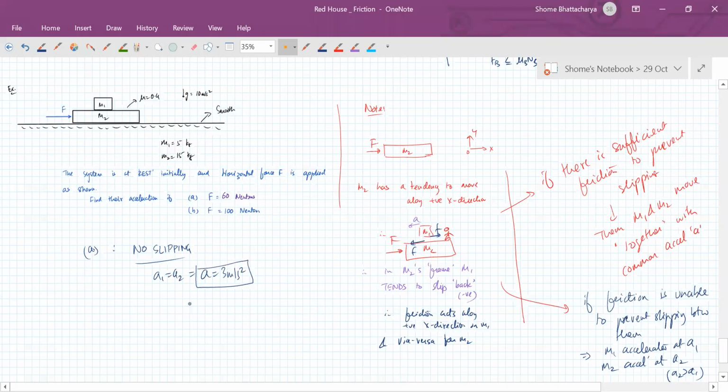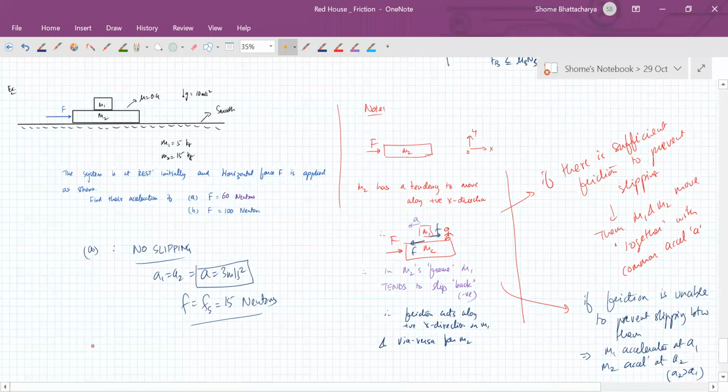Okay. And the friction acting will be static friction, and that will come out to be 15 newtons, even though the maximum friction available to us is more than that. The maximum friction available to us is 20 newtons, but only 15 newtons will be acting.